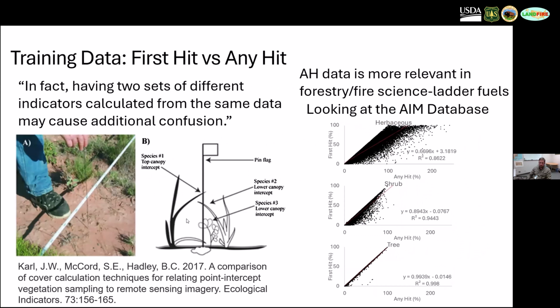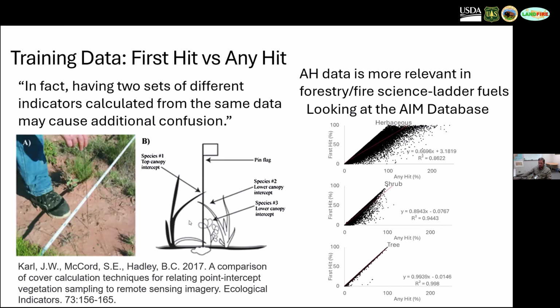One key difference between Landfire and the fractional veg cover products is the training data, specifically the perspective in which the training data was observed. There are two major ways of thinking about observing a vegetation cover plot: first hit and any hit.